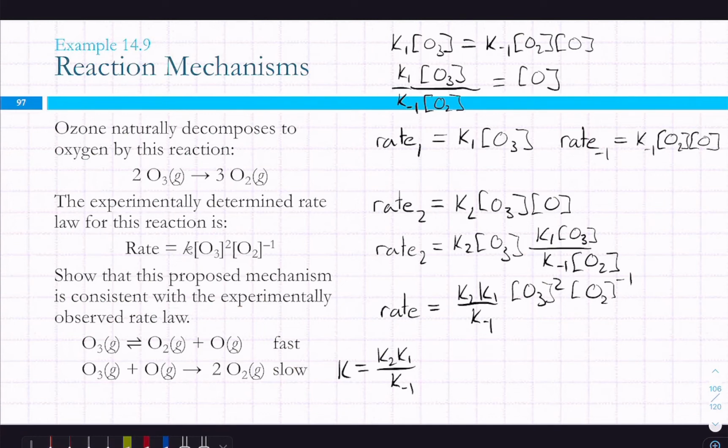So really what we're doing is we're checking, with our mechanism as proposed, can we write a rate law that matches what we observe experimentally? Even if that means that there's a weird oxygen to the -1. Does anybody know why oxygen is to the -1 here?